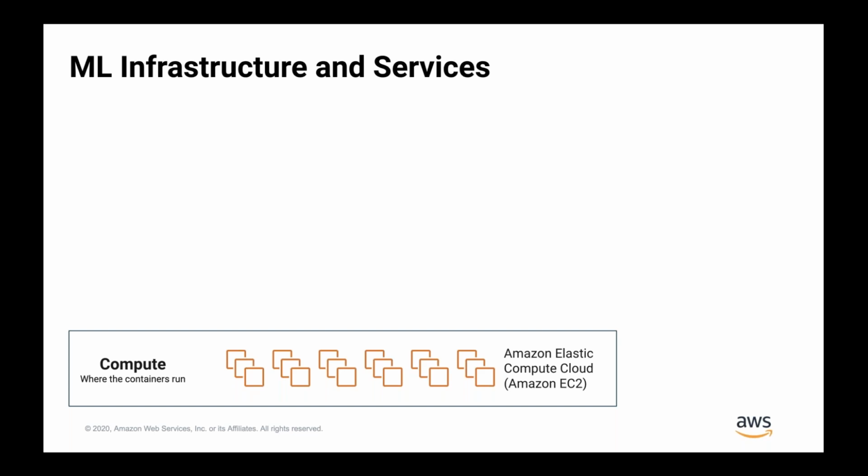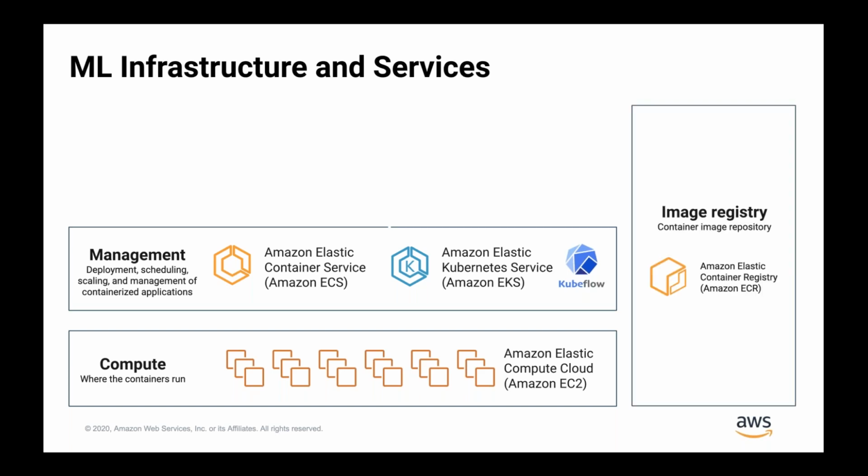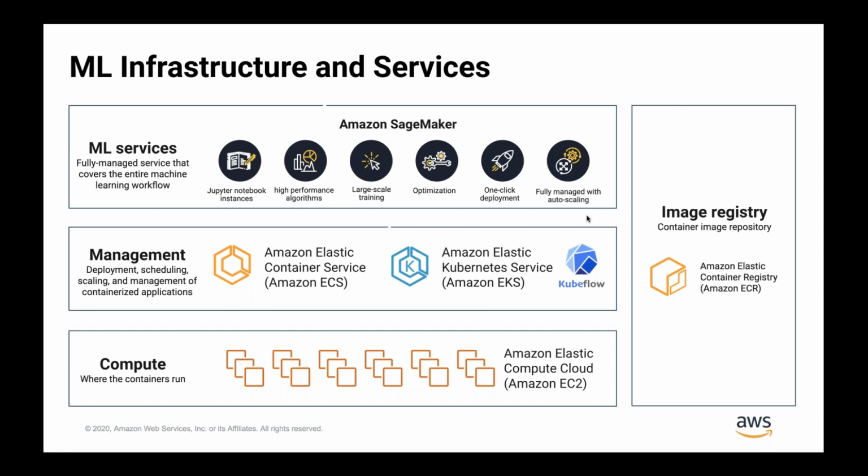So we provide all of the best-in-class compute that's available in SageMaker and EC2, and we also add in EKS, which is our Kubernetes service, the managed control plane, which allows you to run tools like Kubeflow really efficiently. And then we also have tools like ECR, which is an Amazon offered service for container repository management. And then finally, of course, you have SageMaker, which essentially integrates this entire ecosystem together.